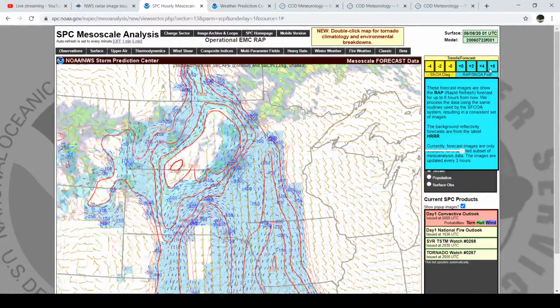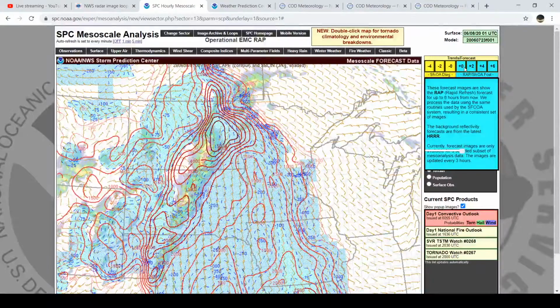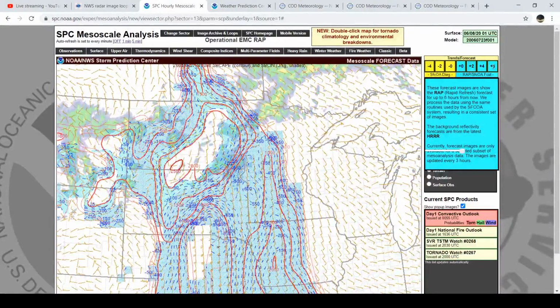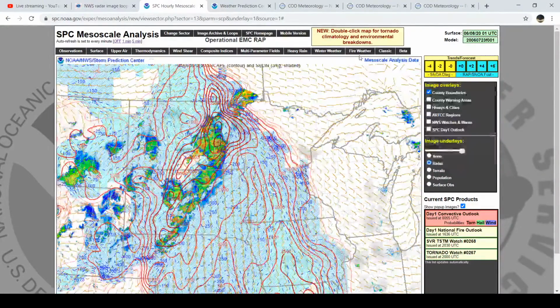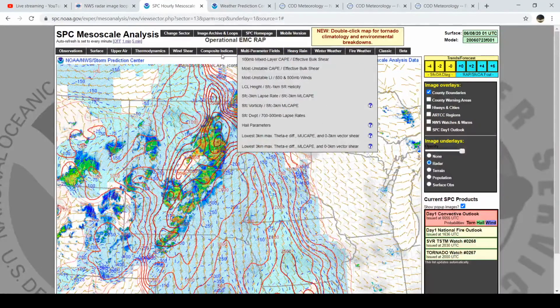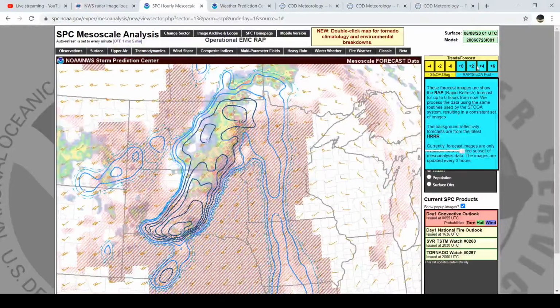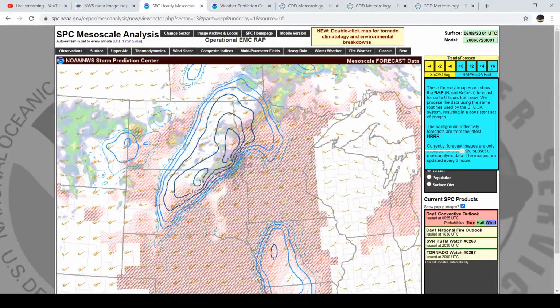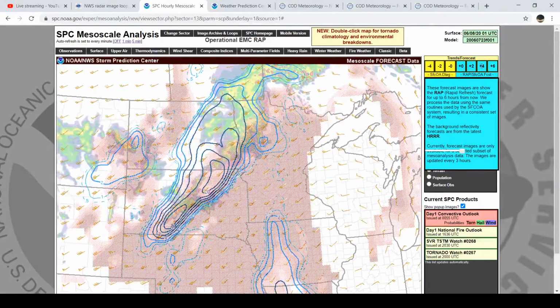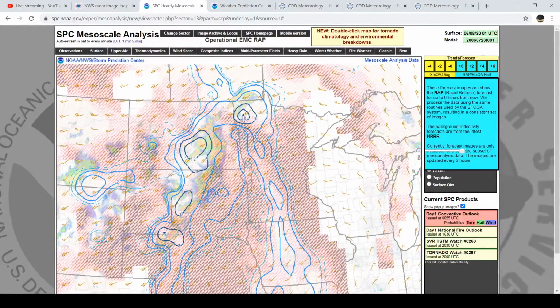We can even see the mixed layer CAPE going down into the evening hours.